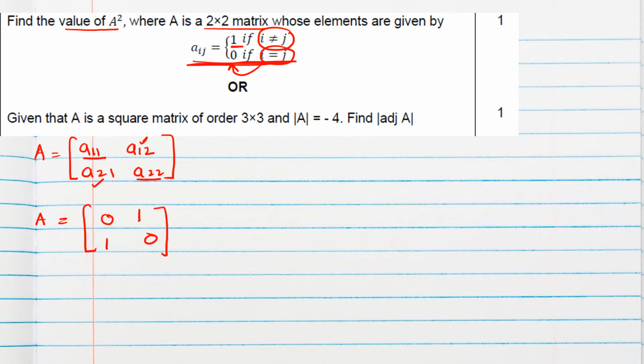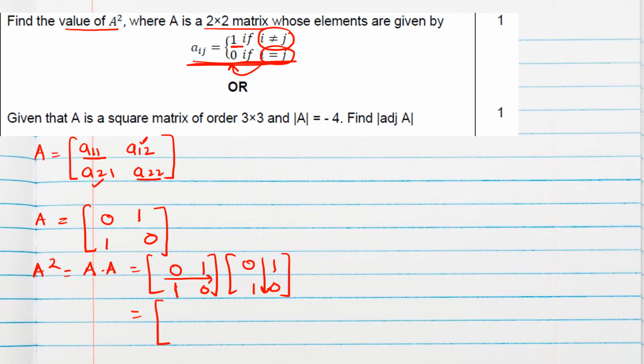This is our matrix. Now to find A square, that means A into A, 0, 1, 1, 0. First matrix in rows, second matrix in columns, and after multiplication also we will get a 2 by 2 matrix, order of 2 by 2.